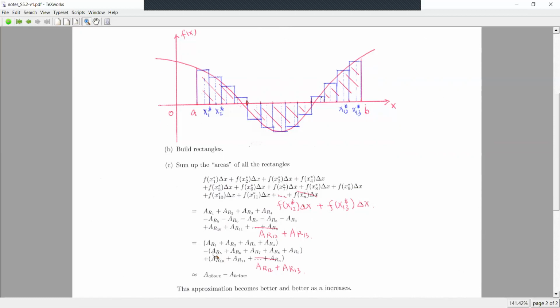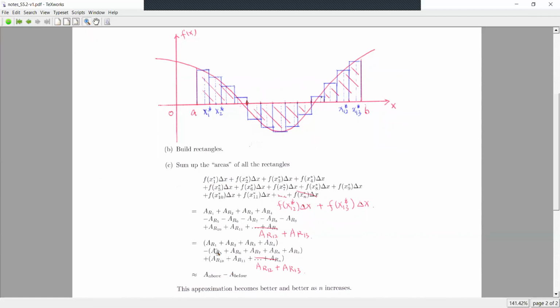So this sum and this sum together roughly is the total area above the x-axis. How about the middle term? The area of rectangles 5, 6, 7, 8, and 10, their sum.